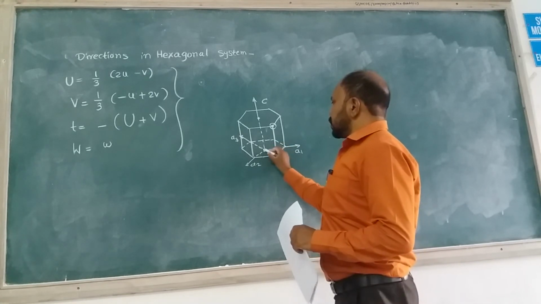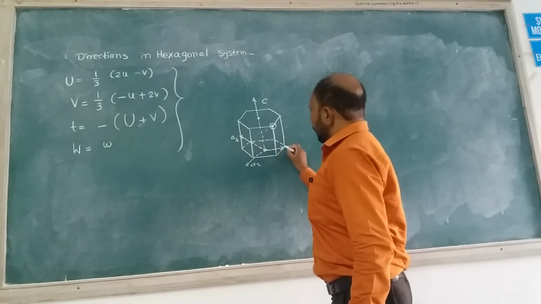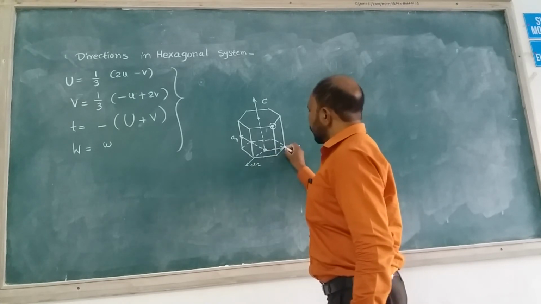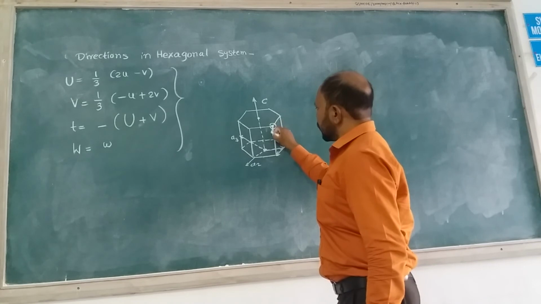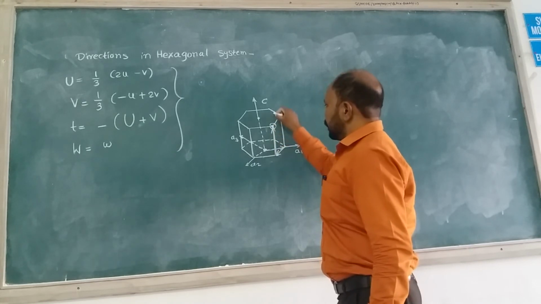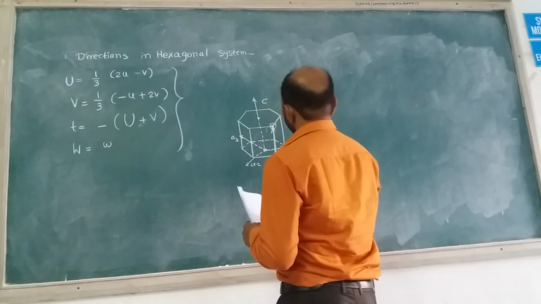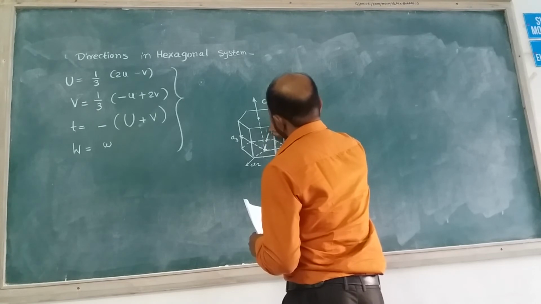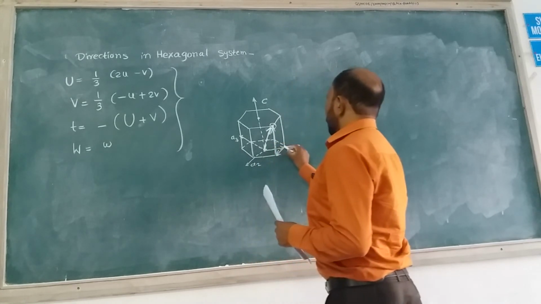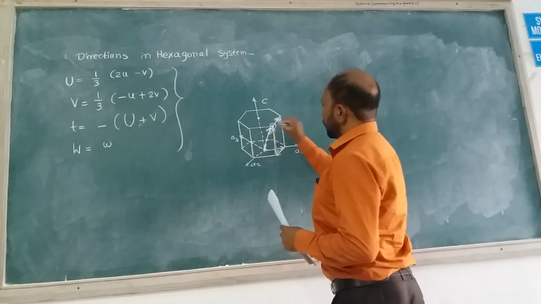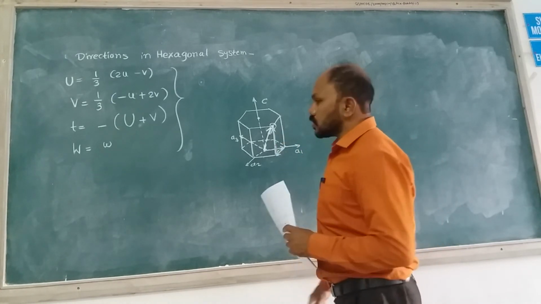From the origin, if we start in this A1 direction, so here, then from A1 to this A2 direction like this, and from A2 to this C direction like this. So in this way we reach this location, and that is the Miller indices system, 3-axis system.